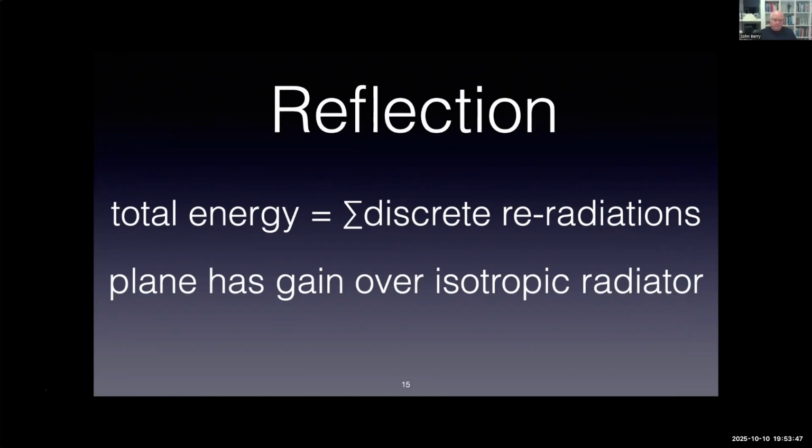So we're getting quite a lot of reflection, and therefore the plane has gain. And this is the critical point. The plane has gain over the isotropic radiator. That's a bit weird because we normally talk about gain being in an antenna, but the aircraft has gain compared to the isotropic radiator. And we'll come to this and we'll play with it in a few minutes.